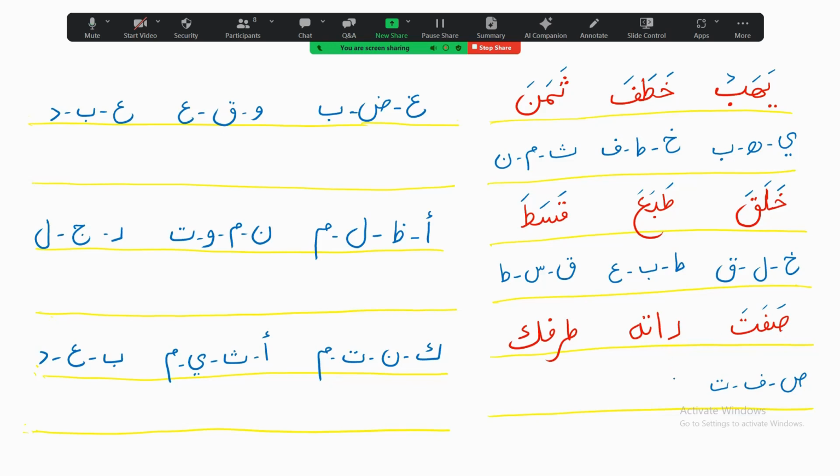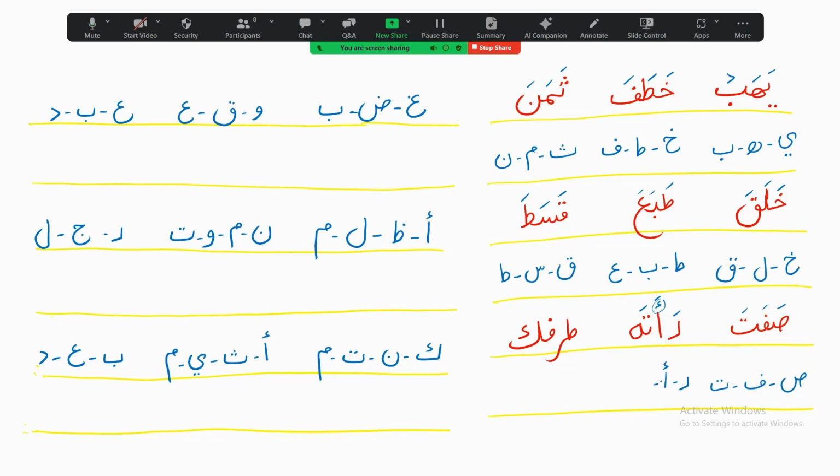Okay, so the next one is, if we put this symbol, this will be Hamza letter here, right? I told you that whenever you see this Alif kind of symbol, and on top of that there is this Hamza symbol, that is actually a Hamza and not Alif.